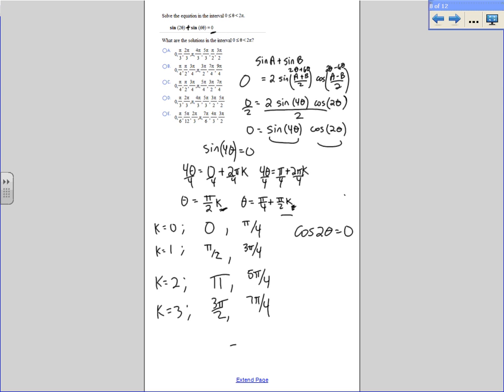So now let's look, where is cosine 0? Cosine would be 0 at pi over 2 and 3 pi over 2. So now we're going to get 2 theta is equal to pi over 2, and I'm going to have to bring this to the next screen, so I'm going to do this on another one here.